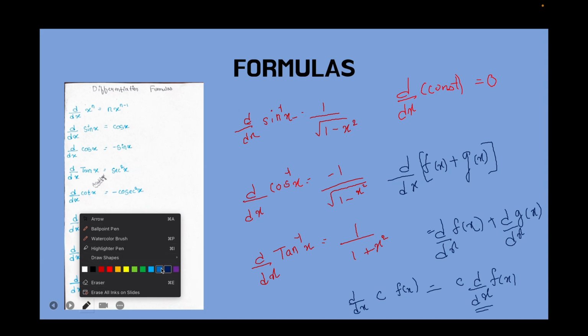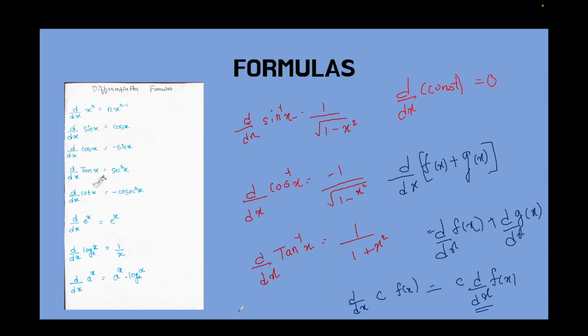Fine. Now another important part. Differentiation of f of x into g of x is not equal to differentiation of f of x into differentiation of g of x. Okay, keep it in mind. Clear?